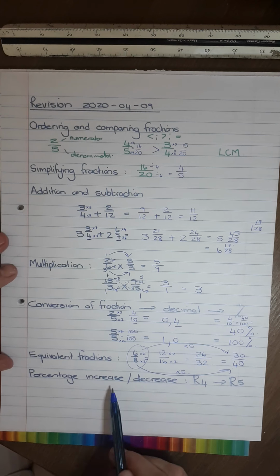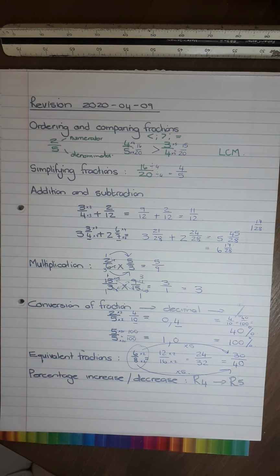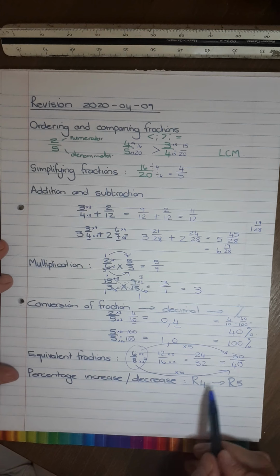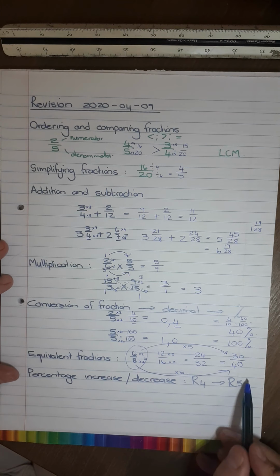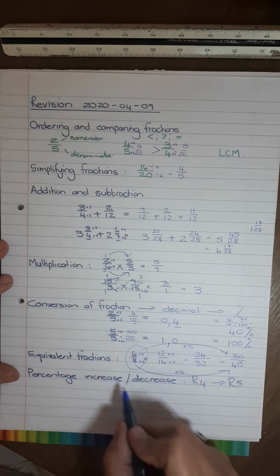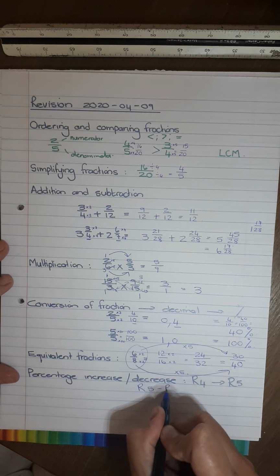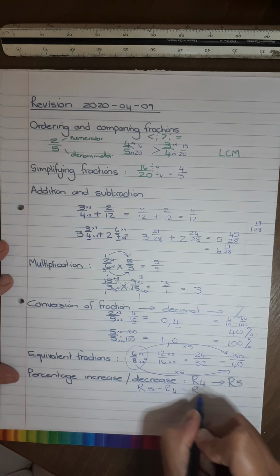Okay, now percentage increase and decrease. We did this somewhere in the week. I think we did this on Wednesday or on Tuesday. I can't remember. But percentage increase. If my price increased from 4 Rand to 5 Rand, the first thing that I do, I work out the difference. The difference will be 5 minus 4, and that difference is 1.